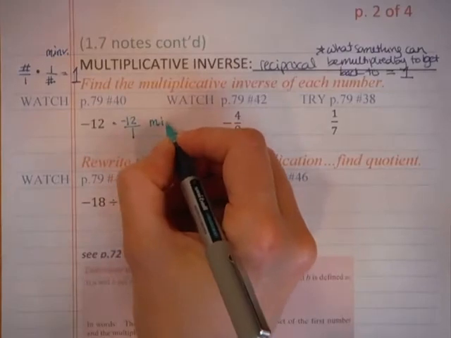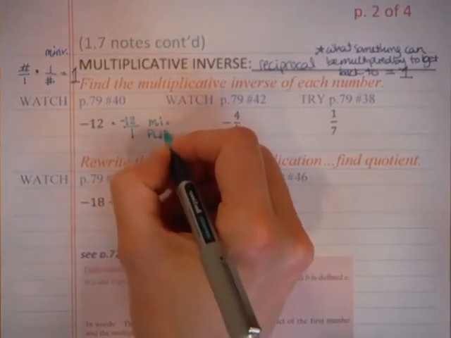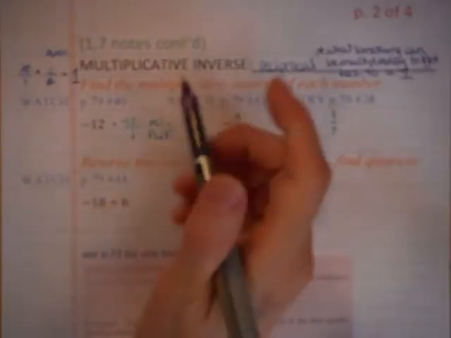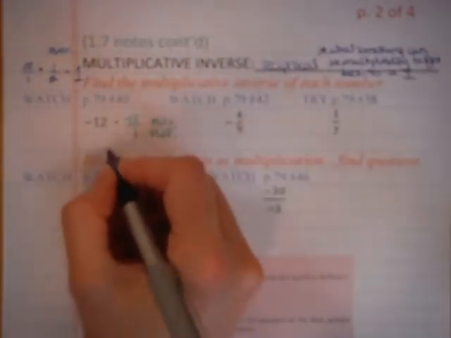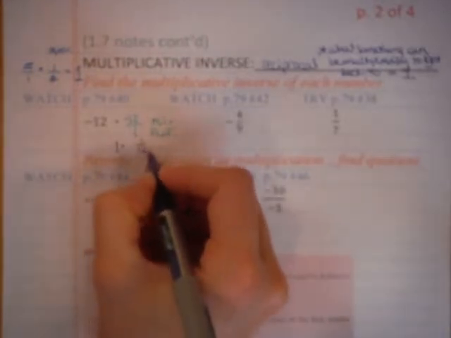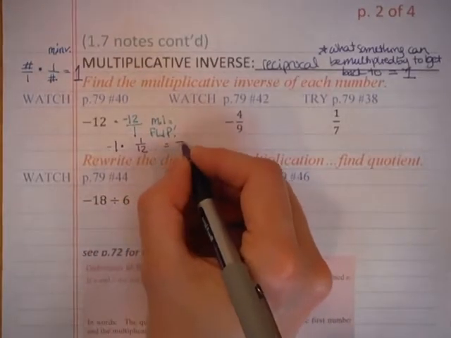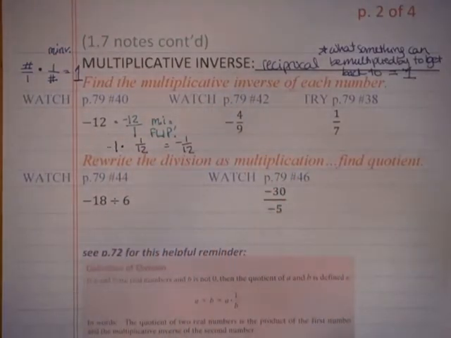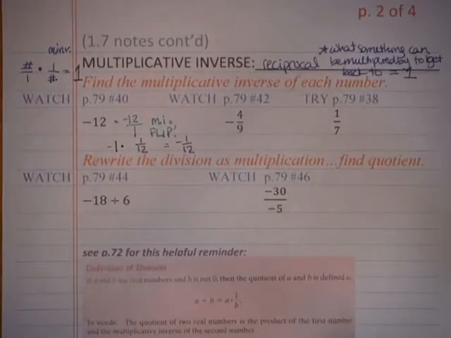Then the multiplicative inverse is the flip of that, which would be 1 over negative 12, or you can just imagine this negative 1 hanging out front. Do the flip, it's negative 1 times 1 over 12, so you just get negative 1 over 12. Nothing changes with the sign of it. It's either going to be positive or negative, just like it was when it started.